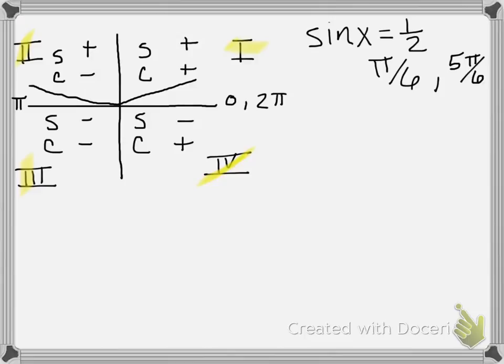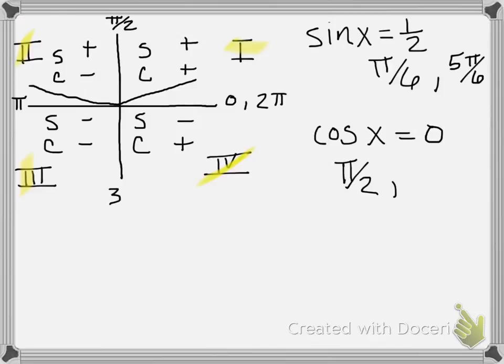And also, for cosine, cosine x was equal to 0, and cosine was 0 at pi over 2, which would be right here up near the top.